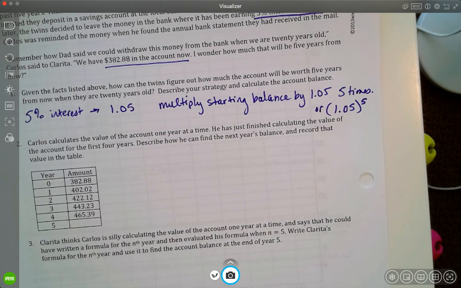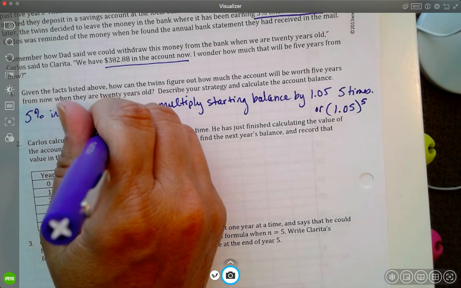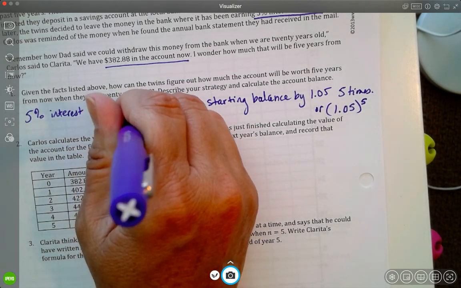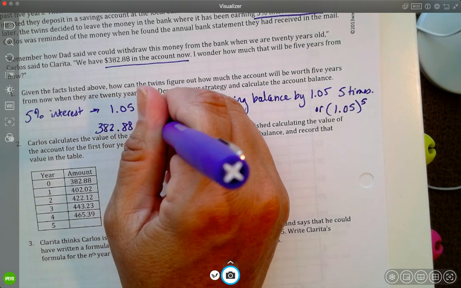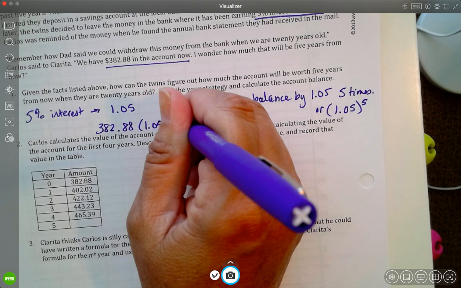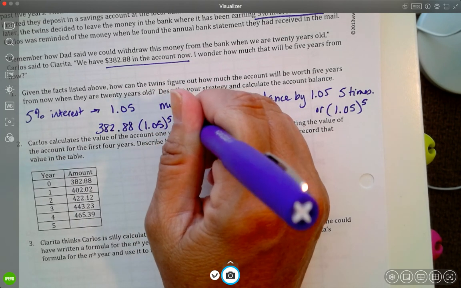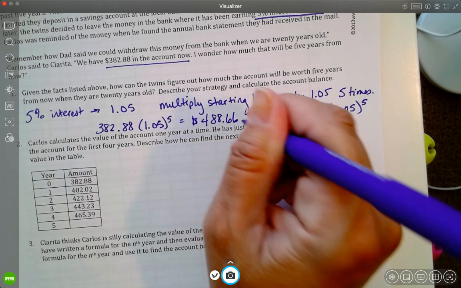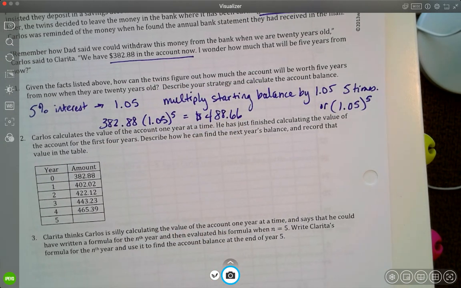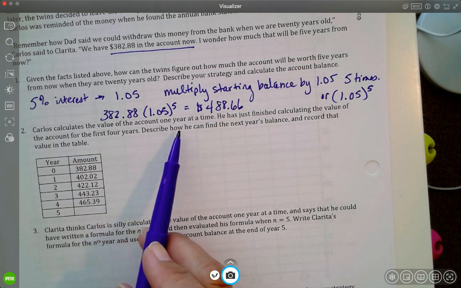So $382.88, which is their starting balance, times 1.05 to the fifth power is about $488.66.